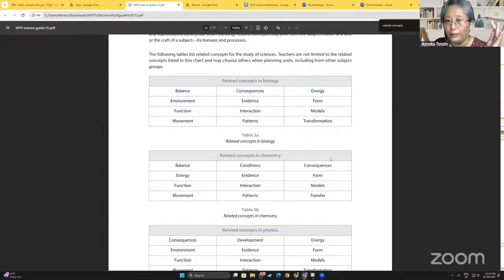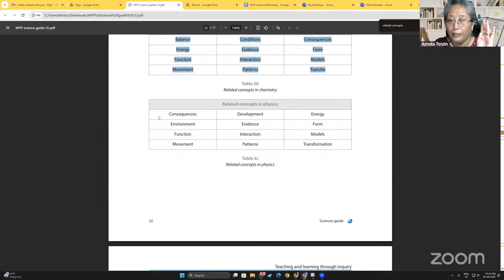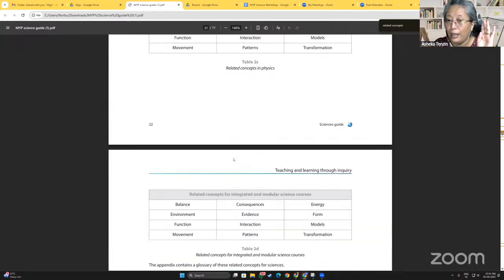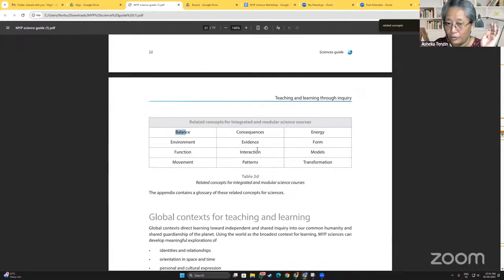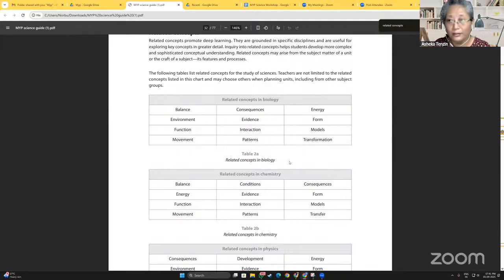If you're looking at chemistry, then all of these related concepts have to be taught in the 5 years of your sciences curriculum. And in integrated sciences you have these 12. So if you compare the integrated sciences with the physics, chemistry, biology guide related concepts.